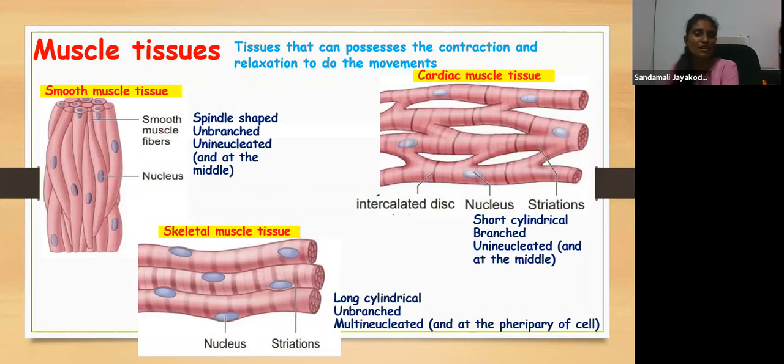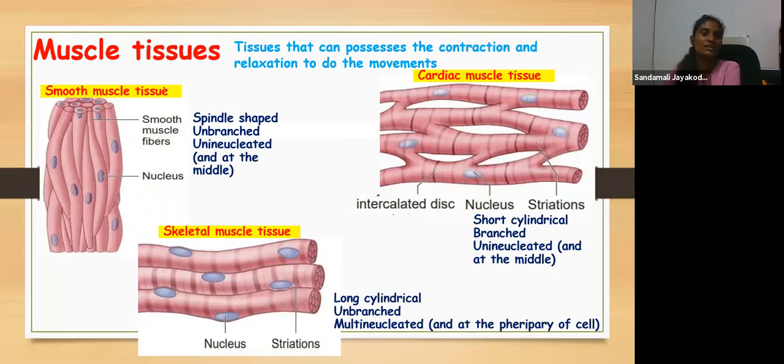All of these muscle tissues perform a special common function, that is, their contraction and relaxation ability to make different movements in our body. These three types of muscle cells are found in three different places, and they move in three different patterns to do different functions in our body.